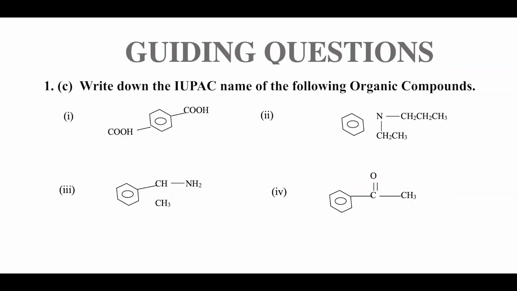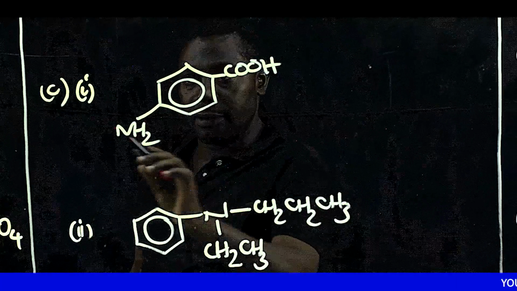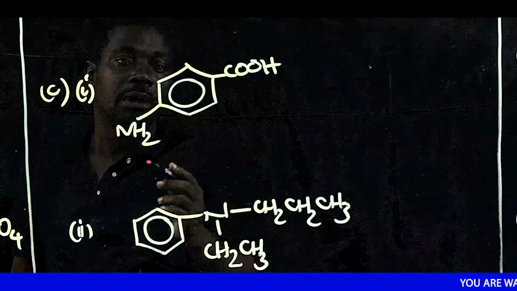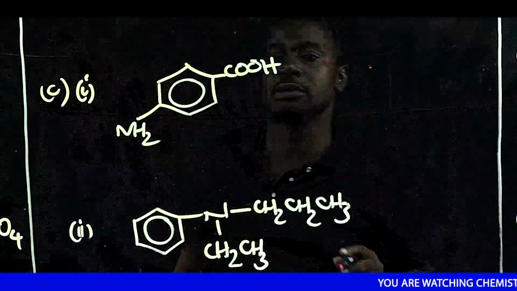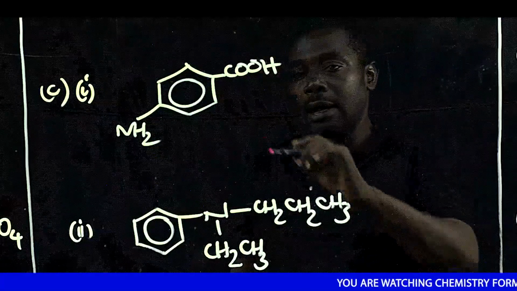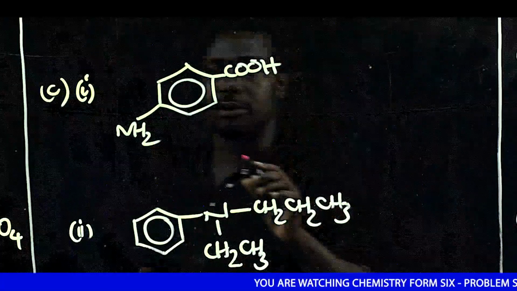Question number 1C. Write down the IUPAC name of the following organic compounds. Roman 1. For this organic compound given in Roman 1, we are supposed to use the rules which apply to assigning the IUPAC name of aromatic compounds.